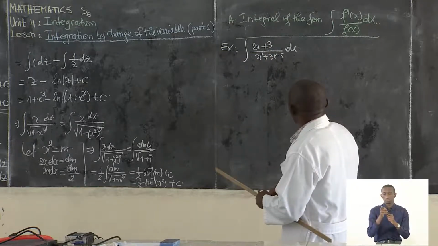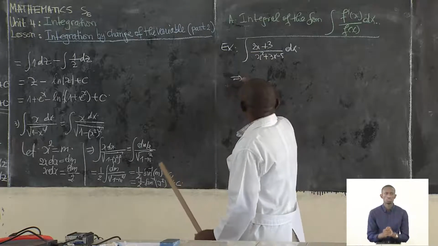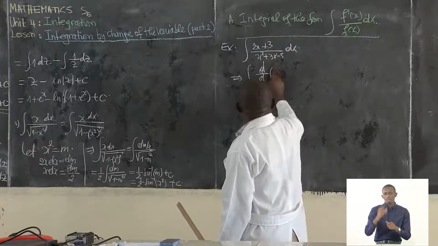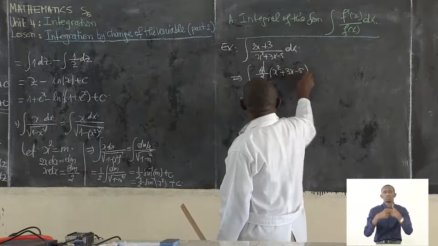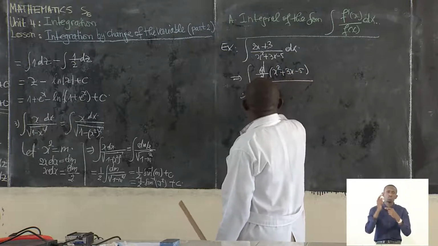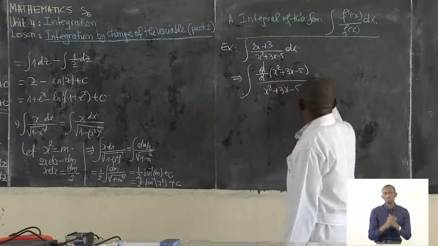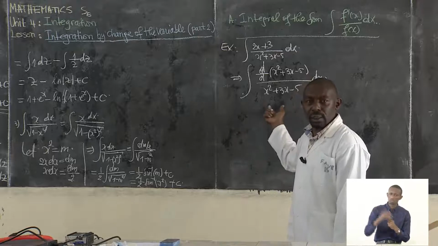Means that I can write this integral as integral of derivative of x squared plus 3x minus 5 divided by x squared plus 3x minus 5, of course dx. Is this clear?